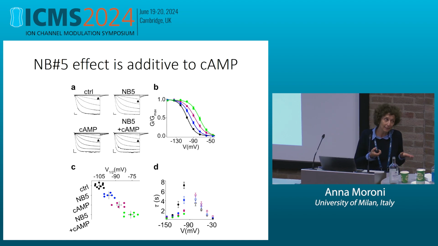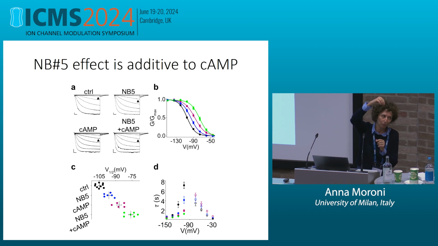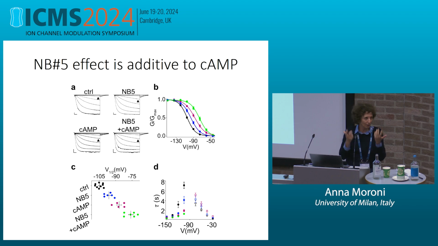And it's interesting, because cyclic AMP acts from the intracellular side to move the voltage sensor, and our nanobody moves from the extracellular side, but it's not binding to the voltage sensor, it's binding to the turret. So it's uncovering a non-canonical pathway that connects the voltage sensor to the pore, passing through the turret, that still is shifting the activation curve to the right. So it has a lot of interesting aspects.